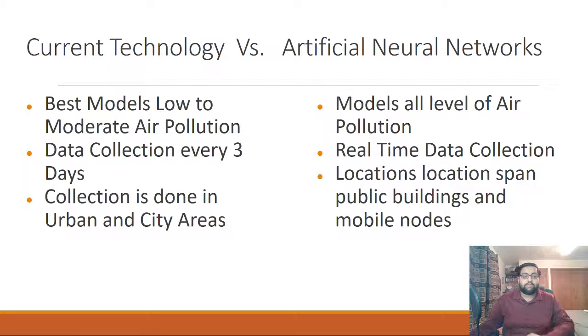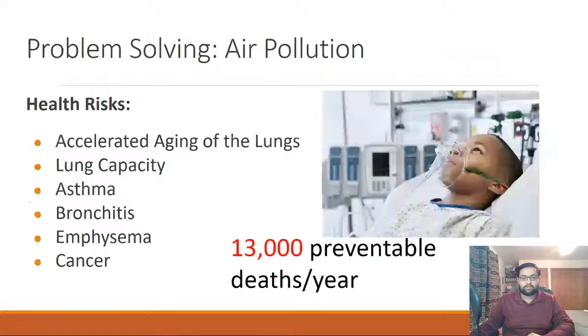The proposed technology of using artificial neural networks in modeling air pollution is pushing the frontier of scientific research, something that the Foundation is very keen on. It is able to model all levels of air pollution and extrapolate data more accurately. Through the use of nodes and newer existing technologies, we can achieve real-time data collection. Collection will be more comprehensive due to mobile collection nodes on cars as well as stationary ones on public buildings.